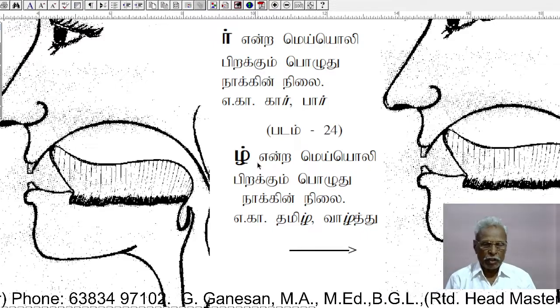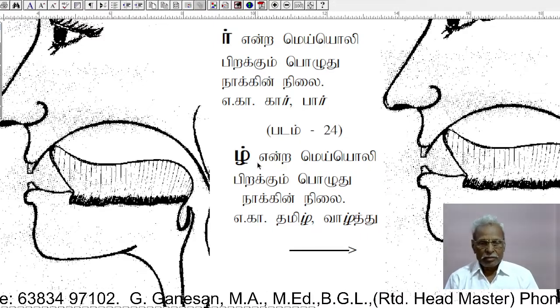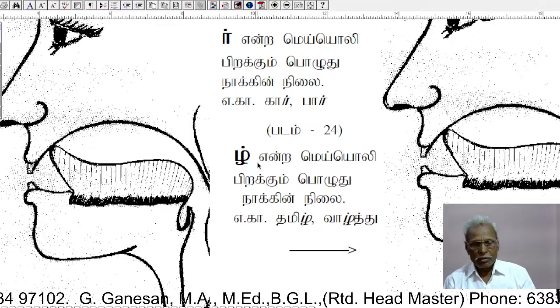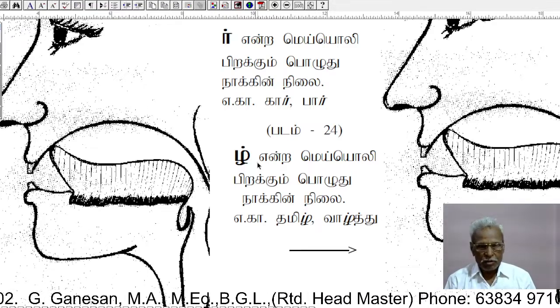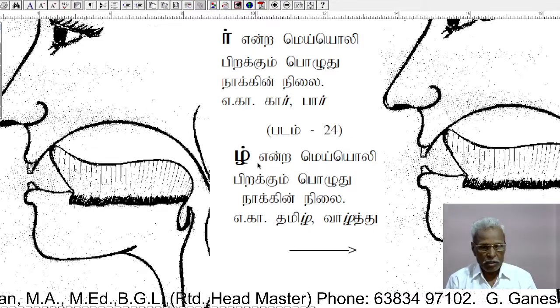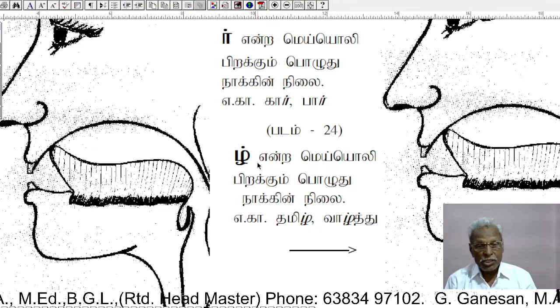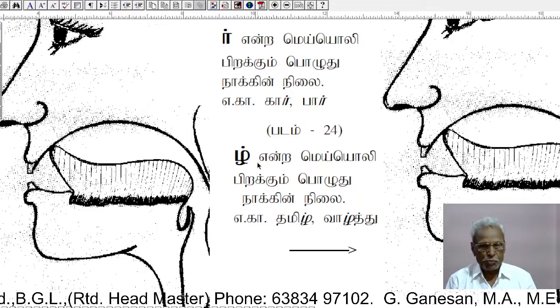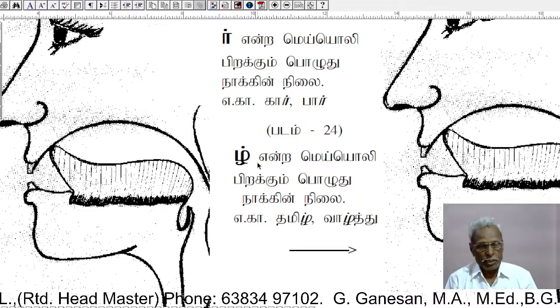Another consonant phoneme. The crown of the Tamil language. It is called Sirappu Lagaram. That is a special Lagaram.